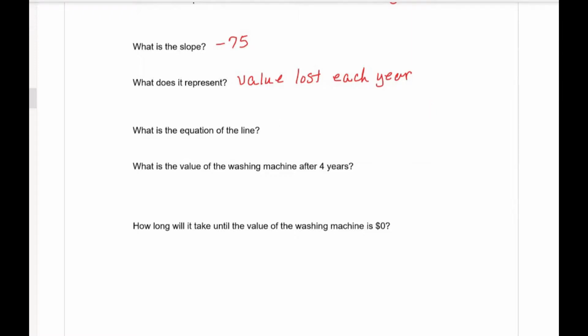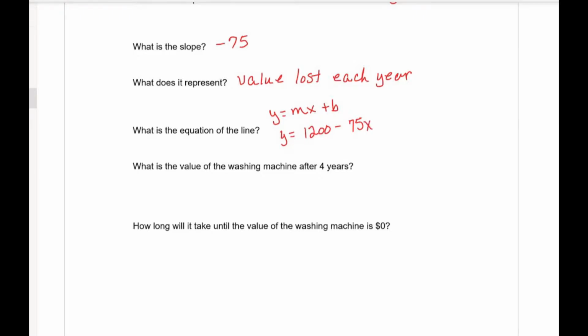Okay, and the next part is the equation of the line. Now, normally we write an equation in slope-intercept form of y equals mx plus b, but I'm going to sort of switch this around because I think that this problem makes a little bit more sense if we write this in a different order. The initial value of the washing machine is $1,200, and then it decreases $75 per year, so minus 75x.